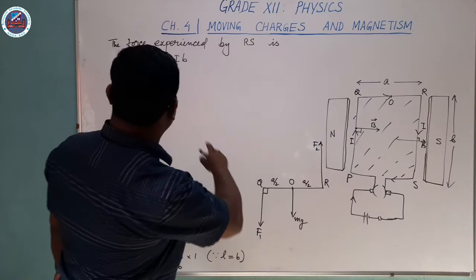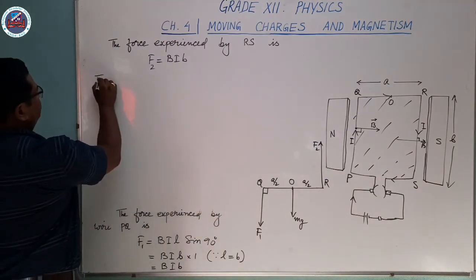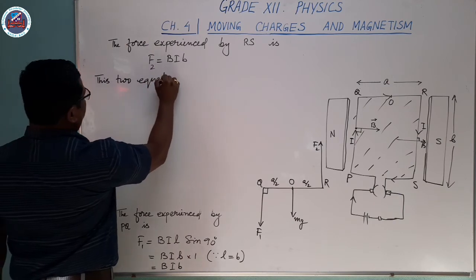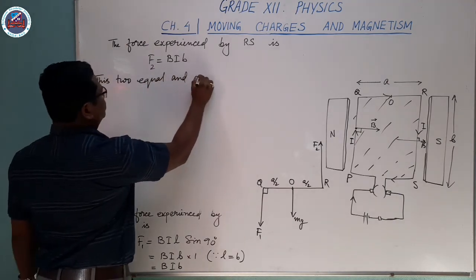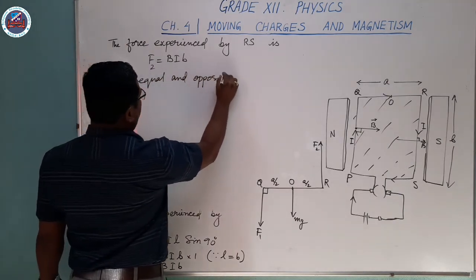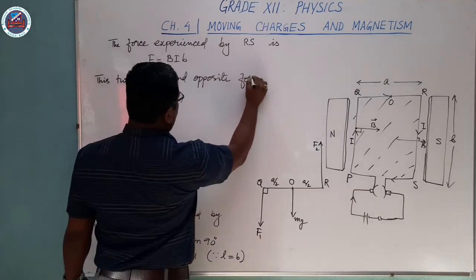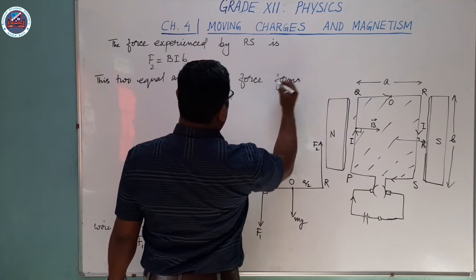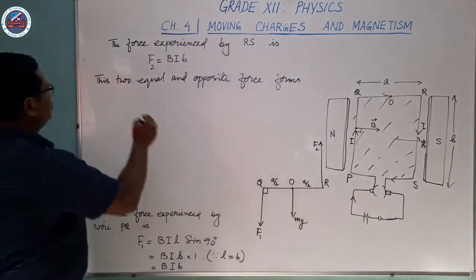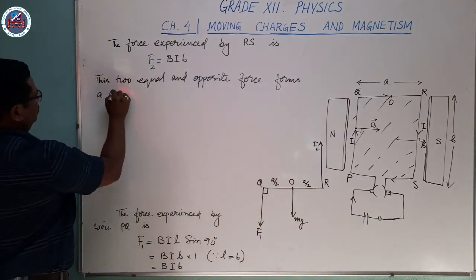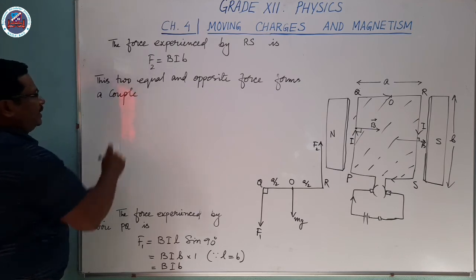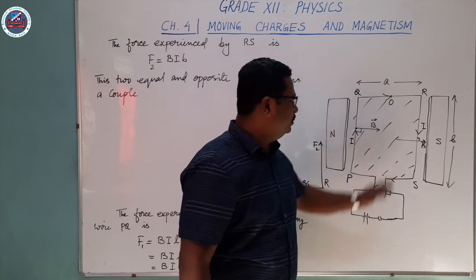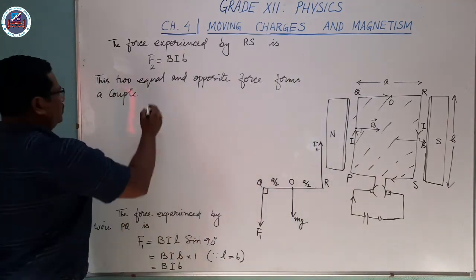So these two equal and opposite forces form a torque, or a couple is formed, which will tend to rotate this rectangular coil or rectangular loop.